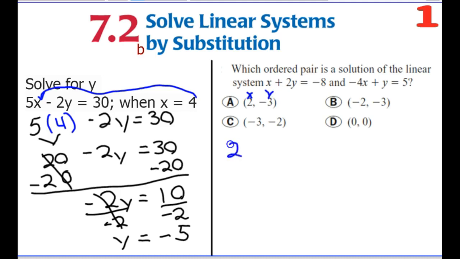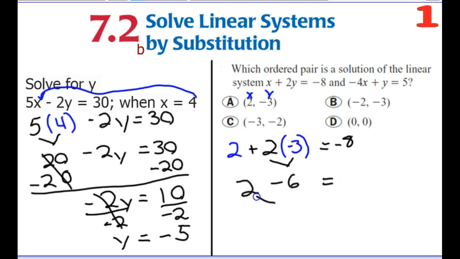So we have 2 plus 2 times negative 3 equals negative 8. 2 times negative 3, that's negative 6. 2 minus 6, well, 2 minus 6 equals negative 8.